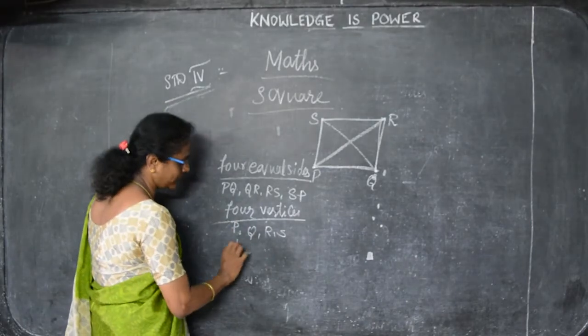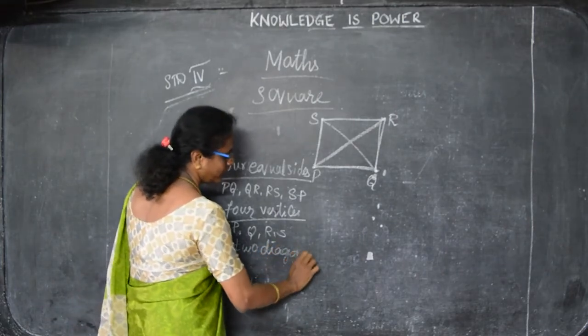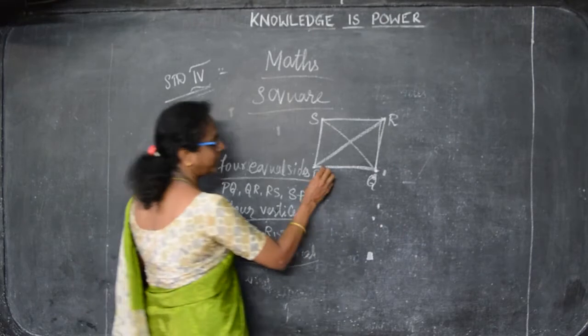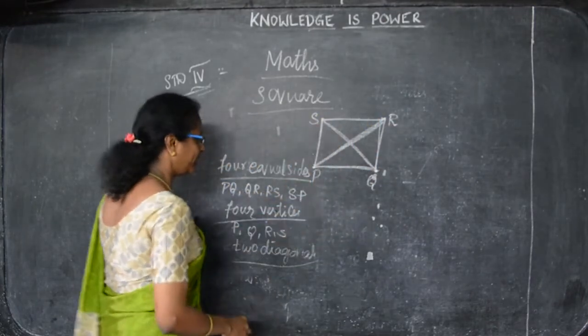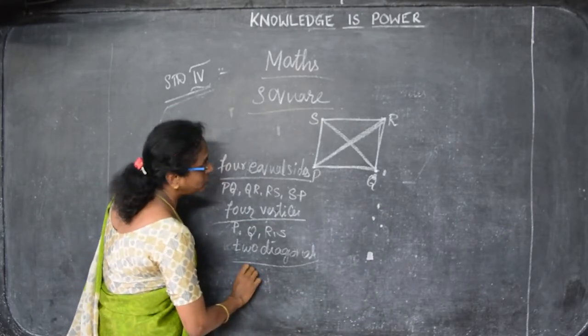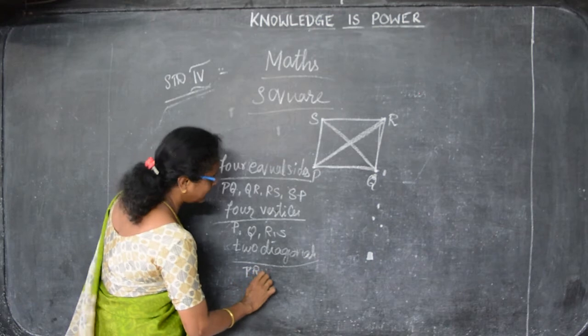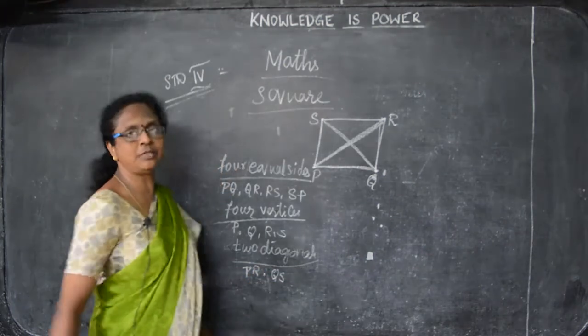What are the two diagonals in the square? We have already seen this. PR and QS. So you write that also. While you are writing, you have to write the alphabets together. The two diagonals are PR and QS.